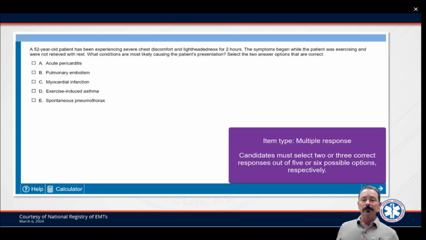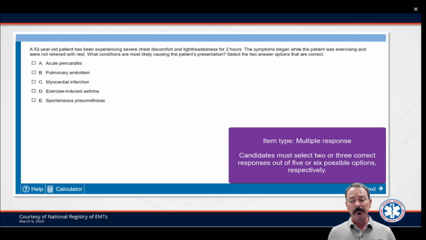All right, here's another one that is a multiple response question. So now it's going to ask you to pick the ones that are correct. A 52-year-old patient has been experiencing severe chest discomfort and lightheadedness for 2 hours. The symptoms began when the patient was exercising, and it's not relieved with rest.